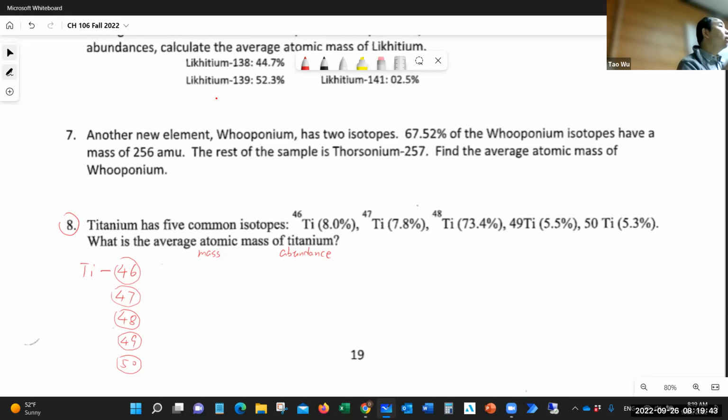That is why we call it the mass number: this number is pretty close to its mass. If the question did not specify the mass for each of those isotopes, you can use the mass number as the mass. But obviously, if the question shows you the mass for each isotope, then you don't have to use the mass number.